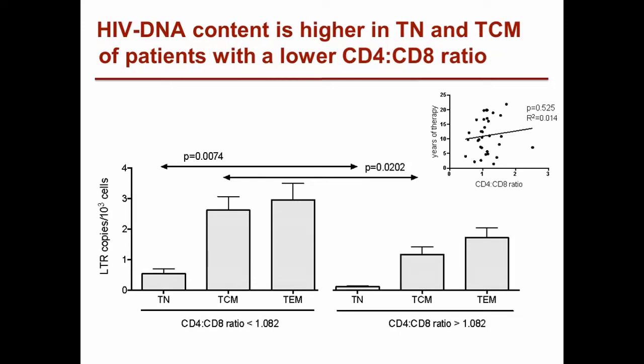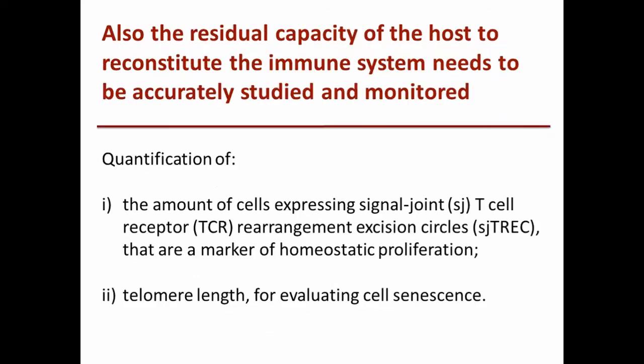Similarly, another interesting finding is that the CD4-CD8 ratio is very important, because those patients who had a higher CD4-CD8 ratio had a lower viral content in naive cells as well as in central memory and effector memory. So the CD4-CD8 ratio is very much indicative of what happened in the viral compartment.